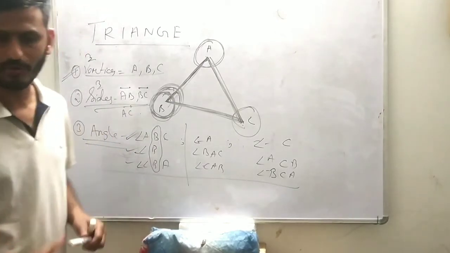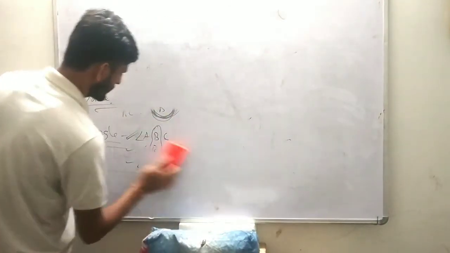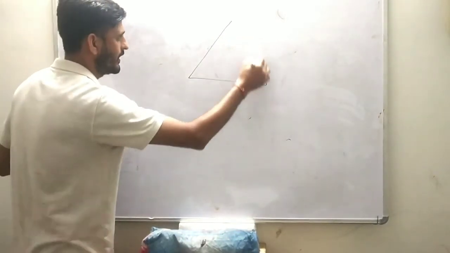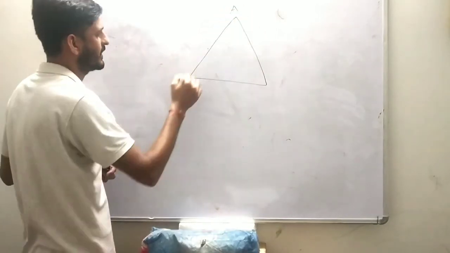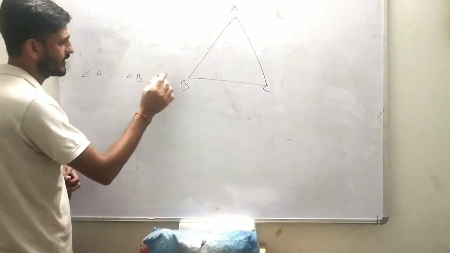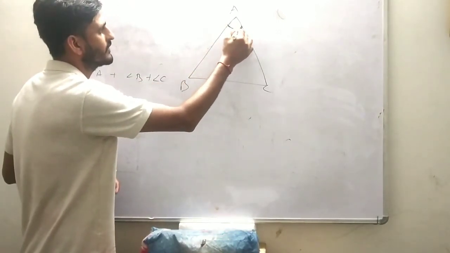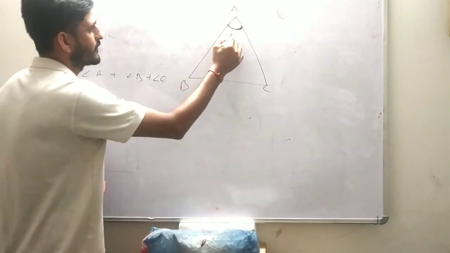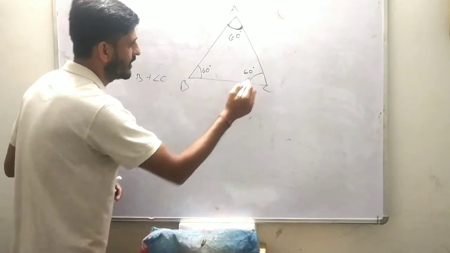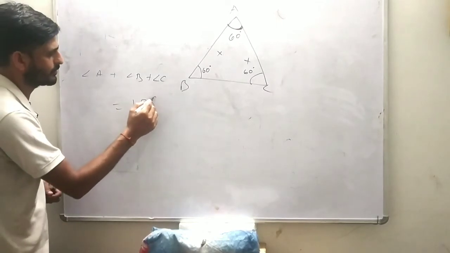One of the most important properties of angles is this: if there are three angles in a triangle, suppose this is angle A, this is angle B, and this is angle C. If we add the magnitudes of these angles, suppose this is 60 degrees, this is 60 degrees, and this is 60 degrees, the sum of these three, 60, 60, 60, should always be equal to 180 degrees.